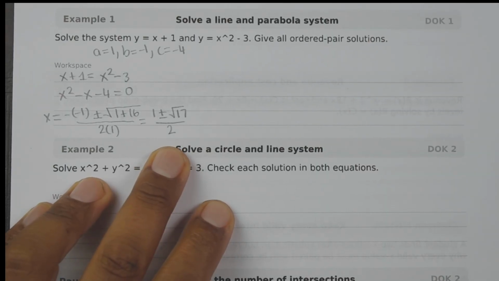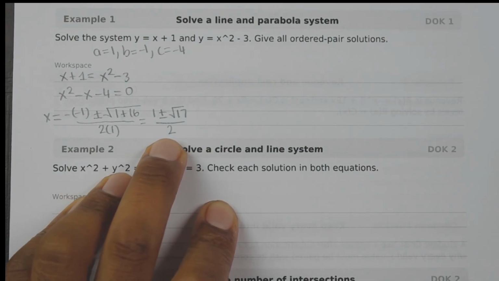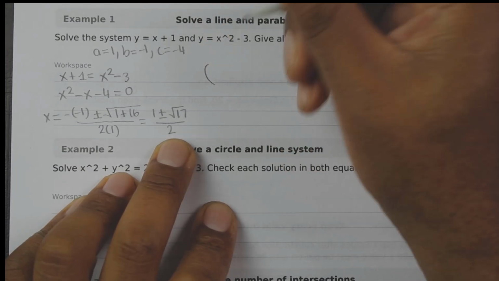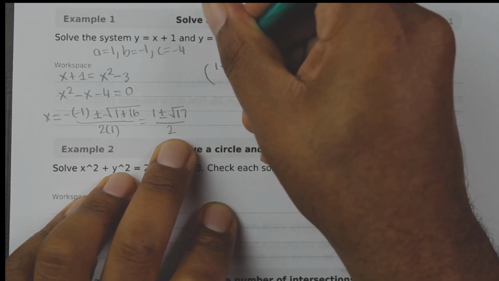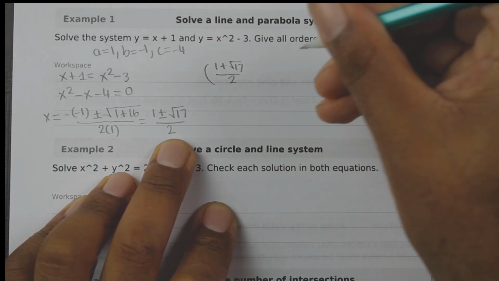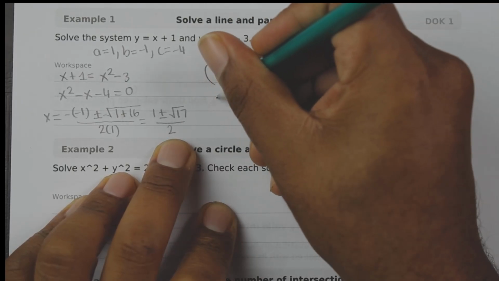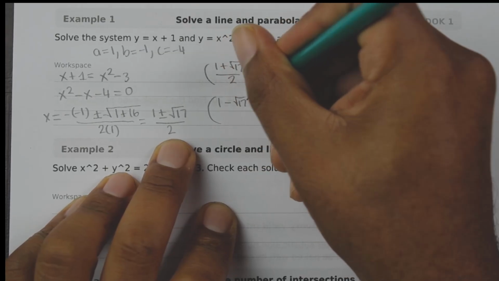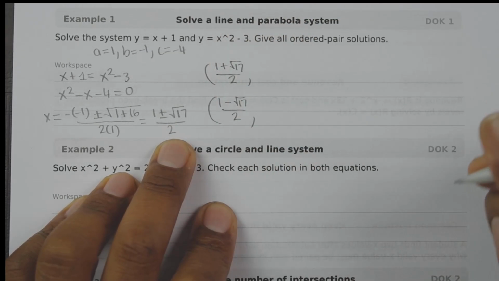So again, we have two x's here. If we have two x's, then that means we're going to have two corresponding y's. So how do we substitute that? The way this would look is we would have 1 plus root 17 over 2 for one value, and then we would have 1 minus root 17 over 2 for another value.